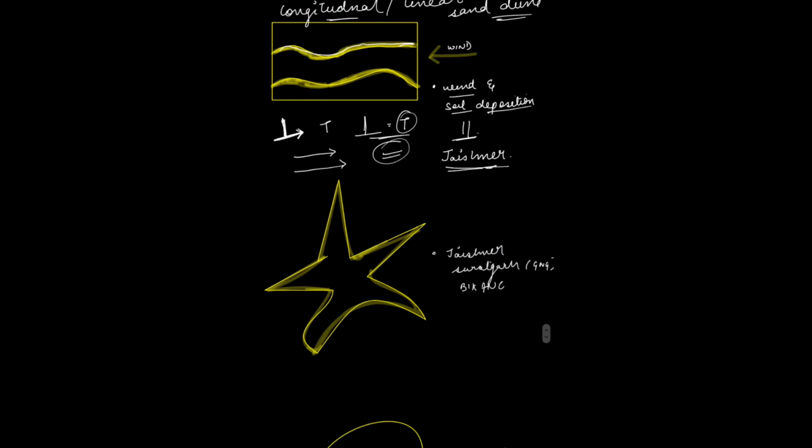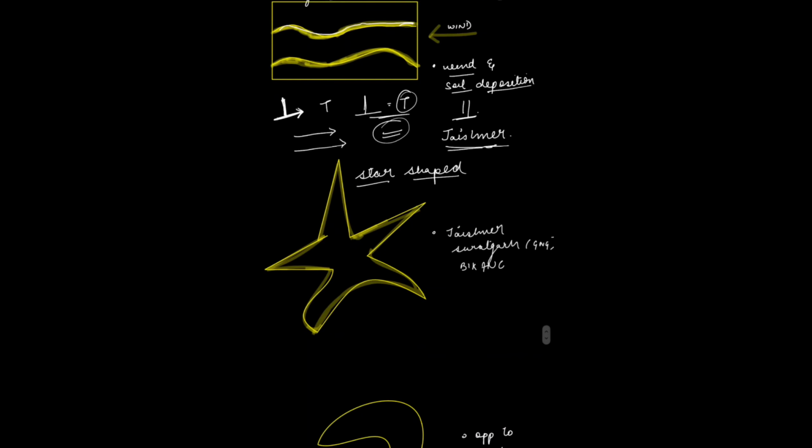Now we have the next sand dune as star shaped. In this there is no proper orientation, or we may say no proper shape is obtained by the winds and the soil deposition. So roughly a kind of star is obtained.